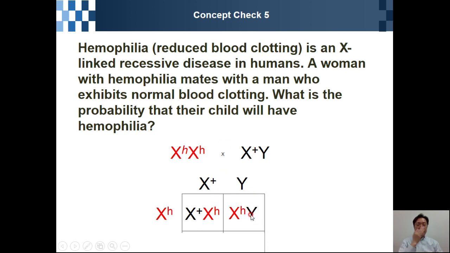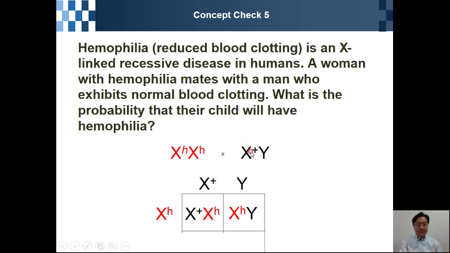X^H Y is a male who will have hemophilia, reduced blood clotting. So the probability that their child will have hemophilia is 50%.